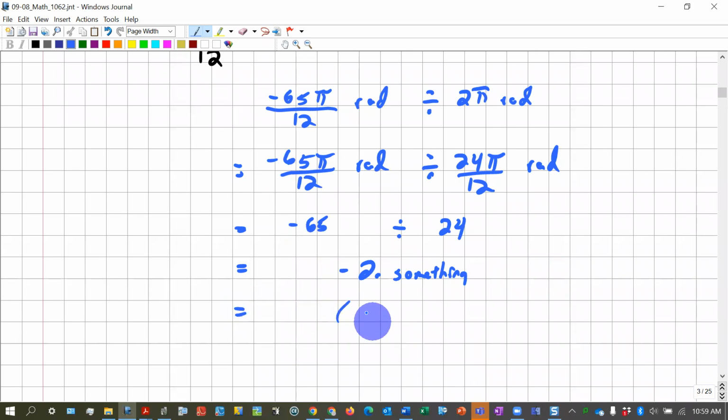In other words, it would be negative 2 and 17/24. Oops, put the negative in the wrong place though. There we go. And the 2 groups of 1 complete rotation, 2 pi radians.